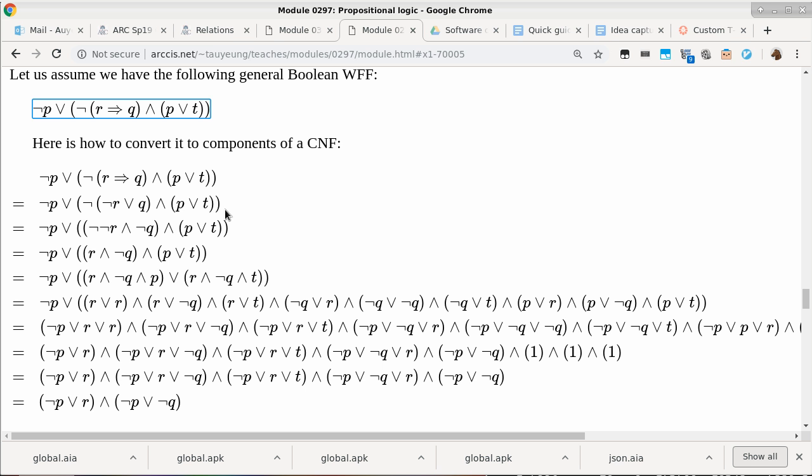Okay, so here are the 9 terms, completely spelled out. So it looks really ugly, and that's why we need to simplify right away. So to simplify that right away, I think I did another distribution with this not p on the outside. So now we still have 9 terms, but each term now has up to 3 variables.